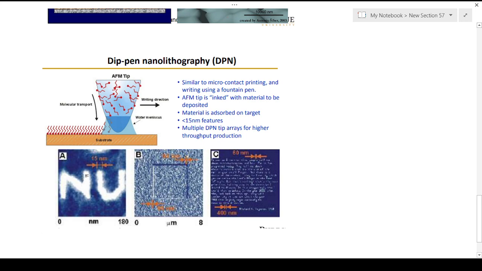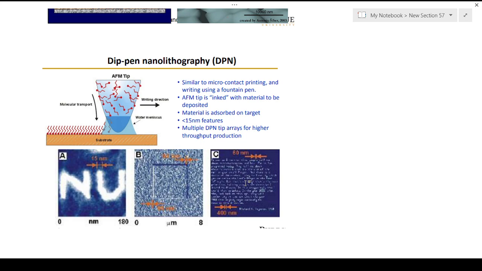If you control it, you can write different patterns, as you can see here. Another pattern here is made up of simple scratches or writings, as if they are trying to write. So it's a kind of dip pen lithography.